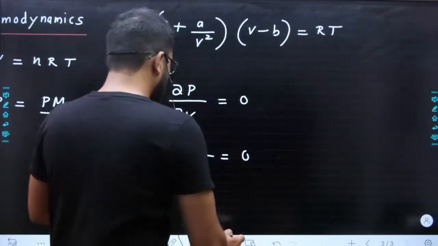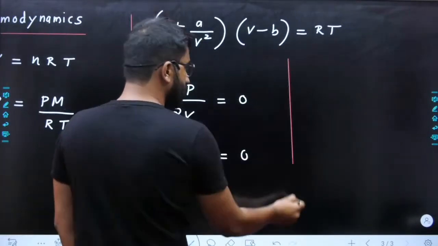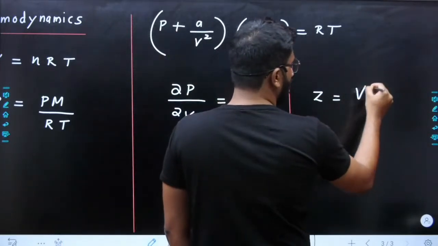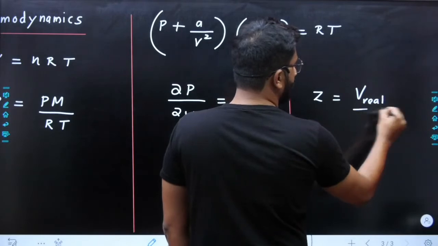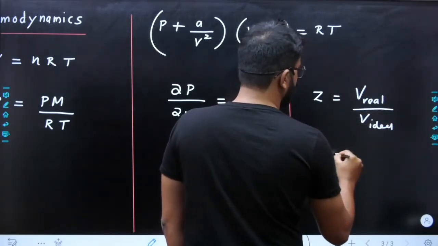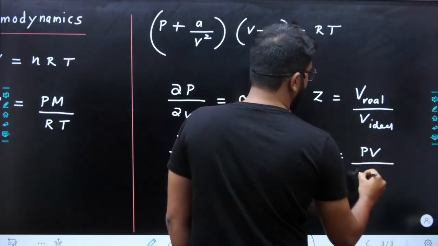Then an extra thing you can remember is the compressibility factor equation. Compressibility is equal to volume of real gas divided by volume of ideal gas, or Z is equal to PV by nRT.